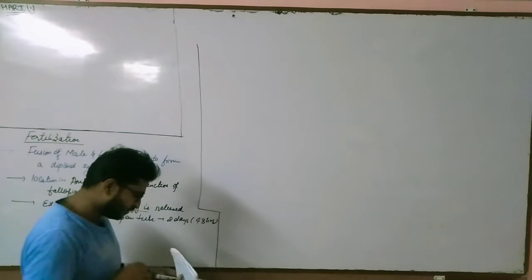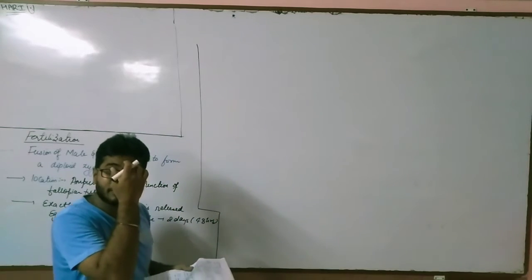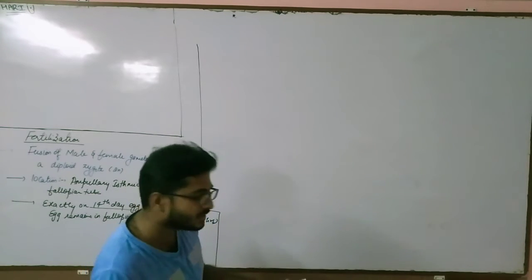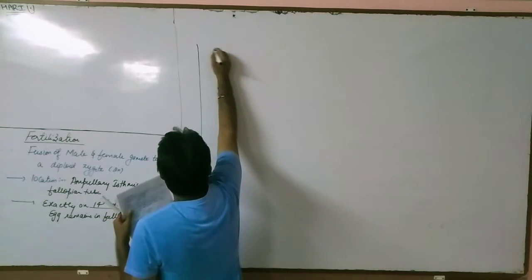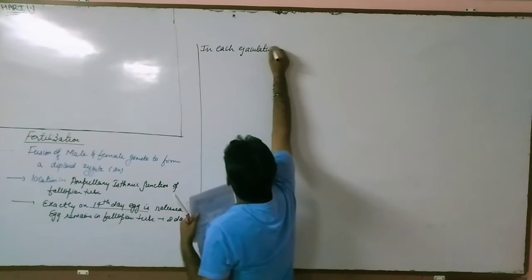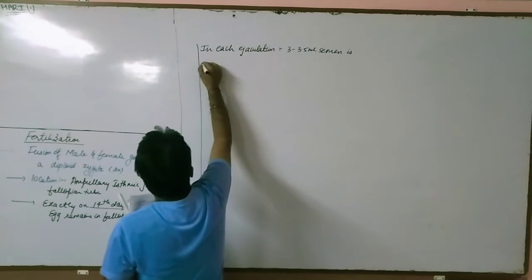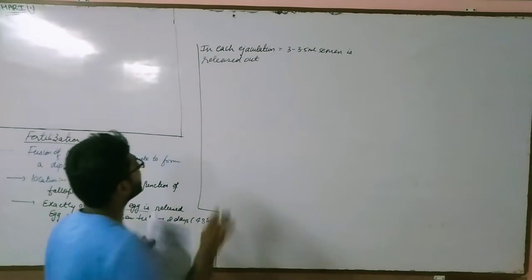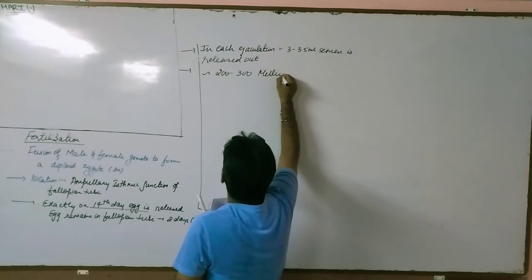In one ejaculation, approximately 3 to 3.5 ml of semen is released, and in this 3 to 3.5 ml of semen, the approximate number of sperms is around 200 to 300 million.